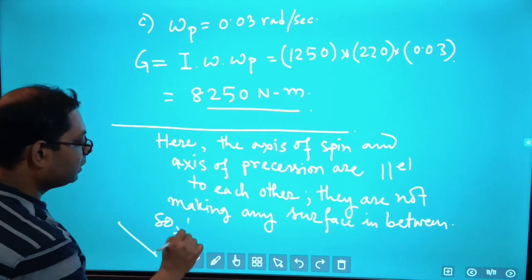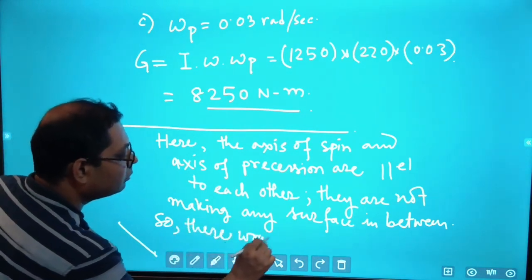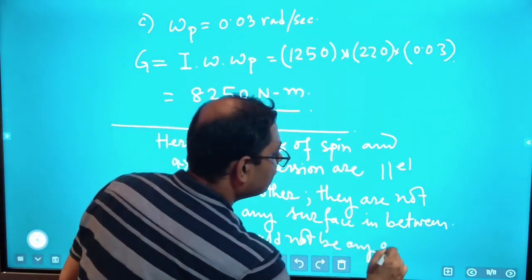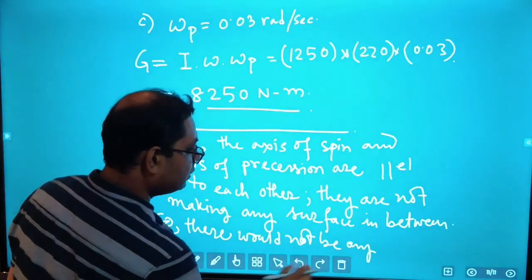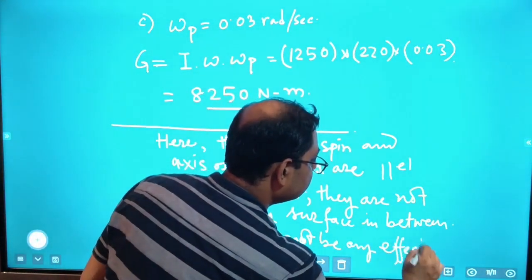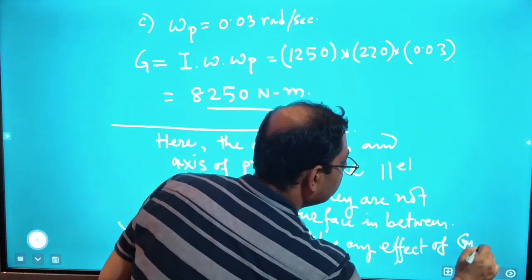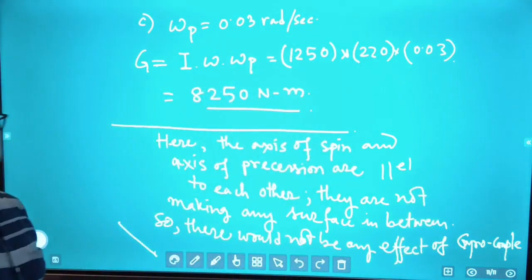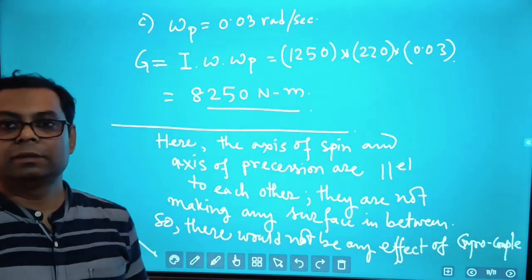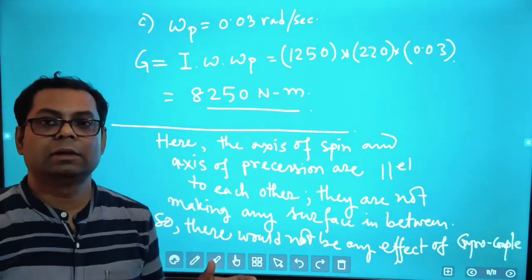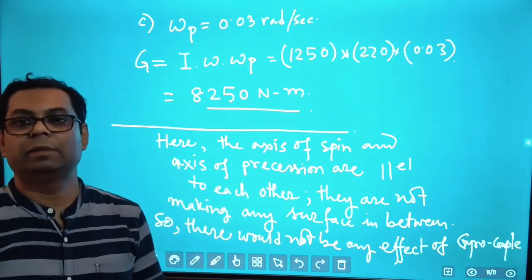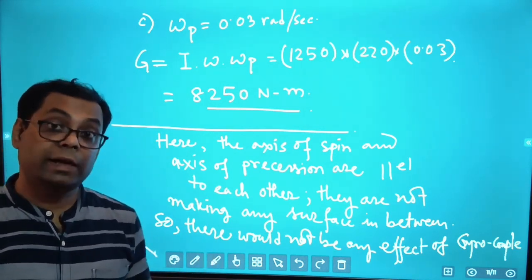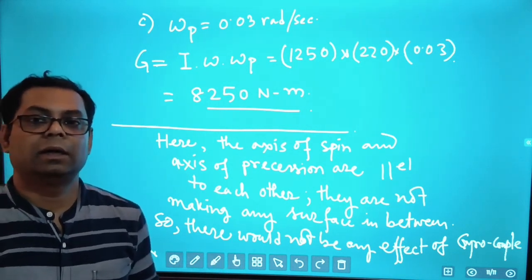So there would not be any effect of gyroscopic couple. That concludes everything, because there is not a particular surface being created for the active gyroscopic couple. So there will be no effect of this gyroscopic couple on that particular vessel.